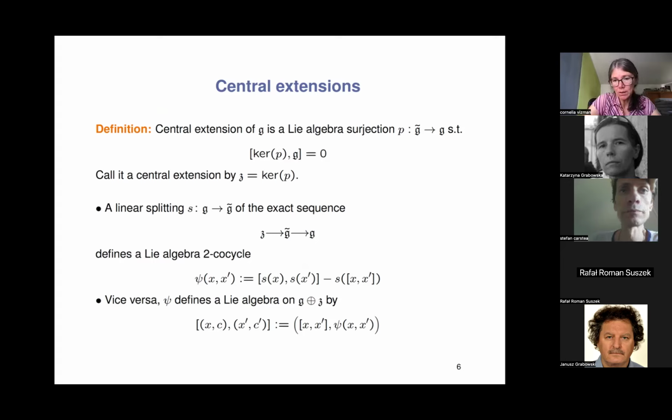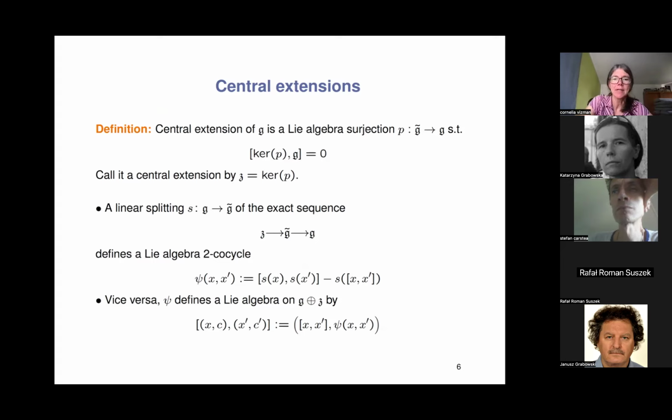How do we get the two-cocycles that classify them? So we take a linear splitting s, and then the defect of s to be a Lie algebra homomorphism is the cocycle.